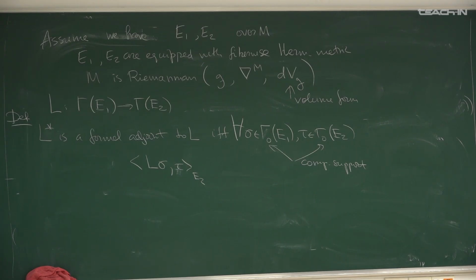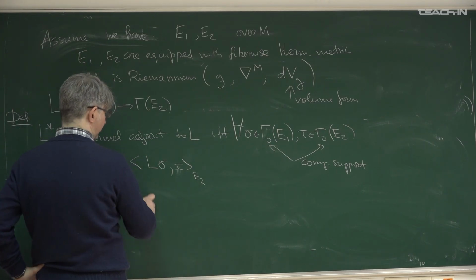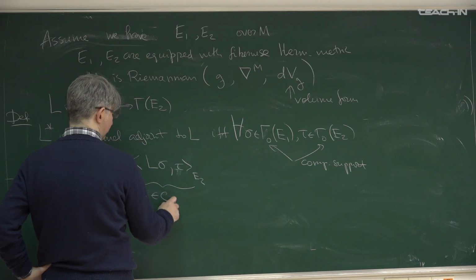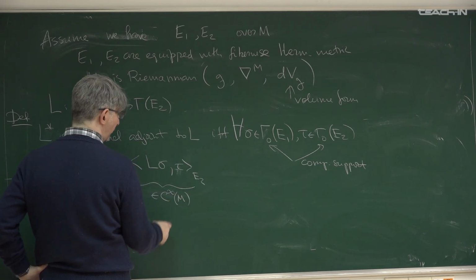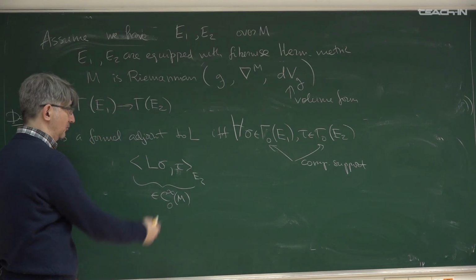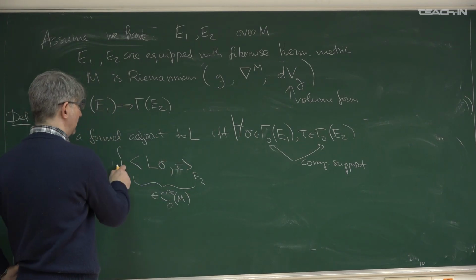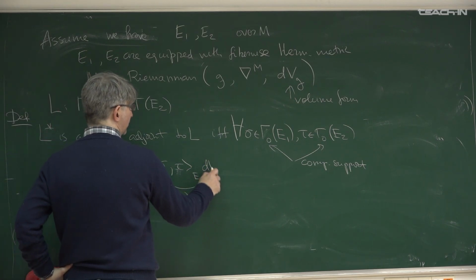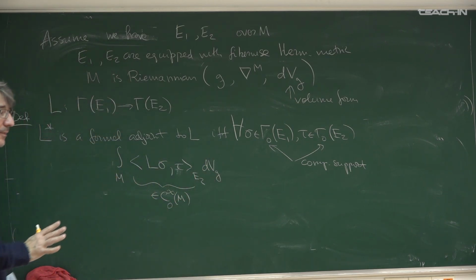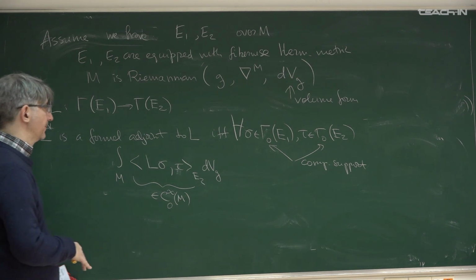Everything is a linear operator, okay, but it's either a function or a number. If you change the base point in the base manifold, the thing changes. So this is a function on M. And I hope that it has compact support, because tau has compact support. So I can take the integral over M with respect to the volume form. If M is compact, then no problem. We can consider arbitrary sections.